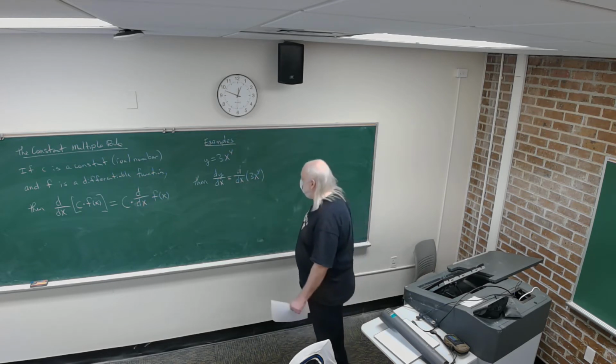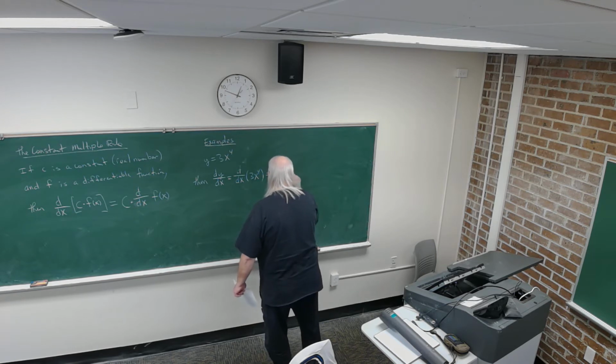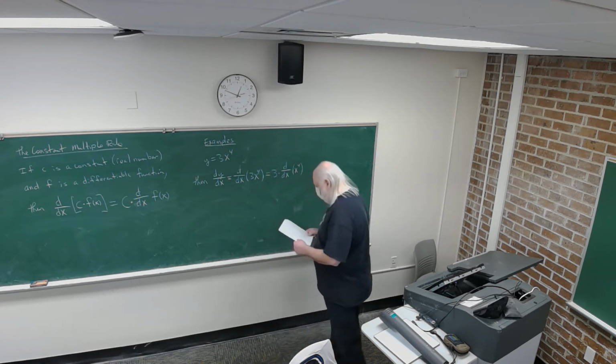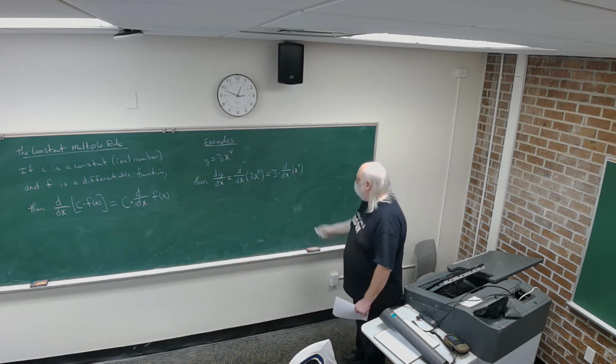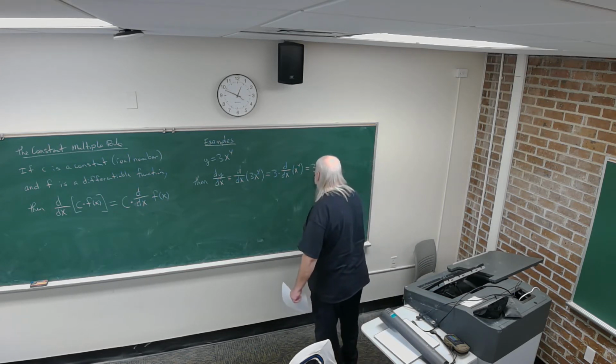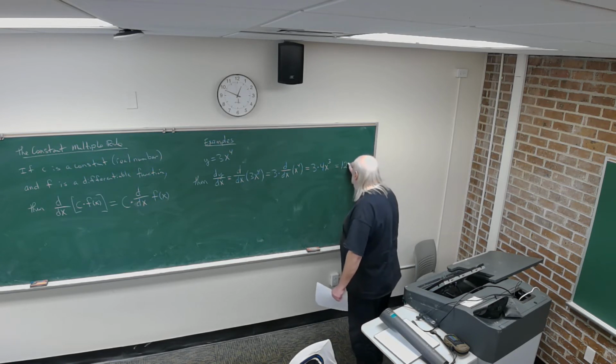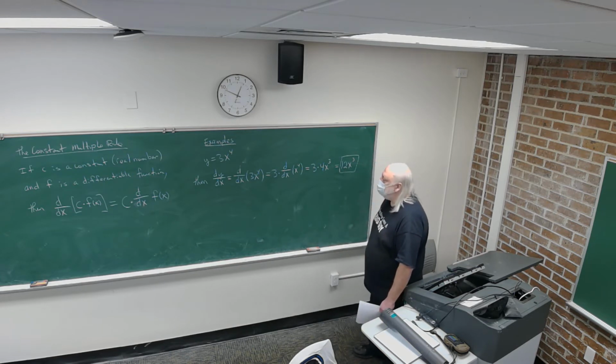It can be brought up from the derivative sign. So we have 3 times the derivative with respect to x of x to the 4th. And the derivative of x to the 4th is 4x cubed from the power rule. And 3 times 4 is 12. So the derivative of y with respect to x, of 3x to the 4th, is just 12x cubed.